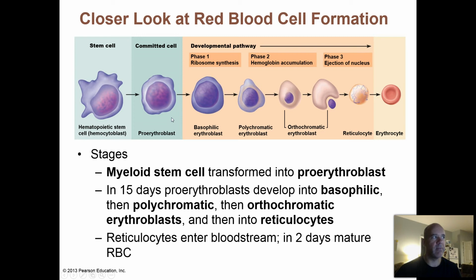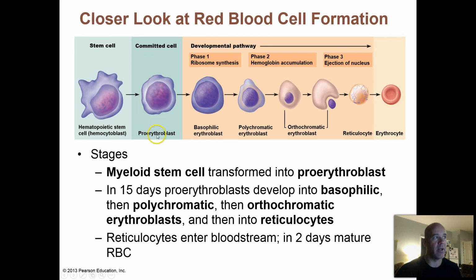So as we talked about on the last video lecture, you have hematopoietic stem cells in your bone marrow. Those are called hemocytoblasts. And then those can become partially specialized and become either myeloid stem cells or lymphoid stem cells.